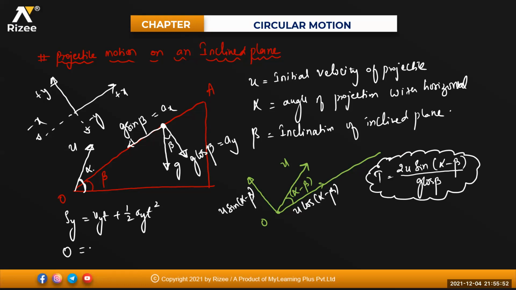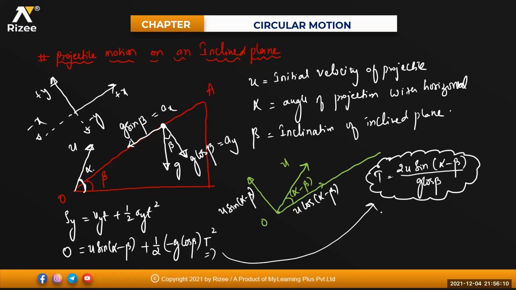Uy will be equal to how much? Uy is u sin(alpha minus beta), and this will be equal to plus half into ay, which is, in the downward direction, minus g cos beta, into t square, isn't it? So simplifying this, I'll be getting the time of flight. Got it, everyone?